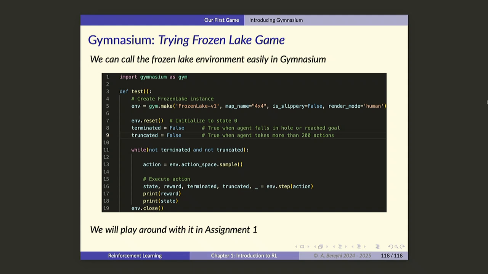But the key point here is that you do your action, right? You sample one action from the environment's action space. It means 0, 1, 2, 3, in your case. This is just randomly sampled because we are just playing randomly here. Then you give that action to the environment to do one step, and you change to the next state.